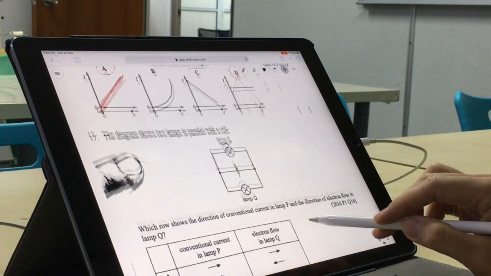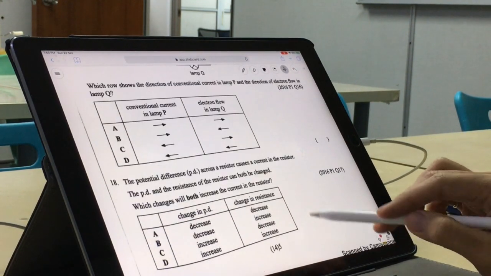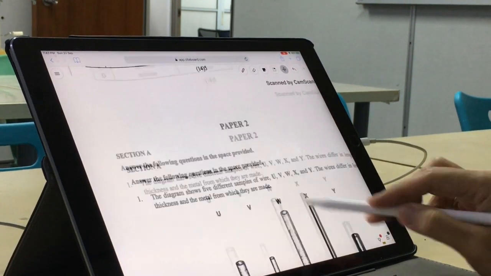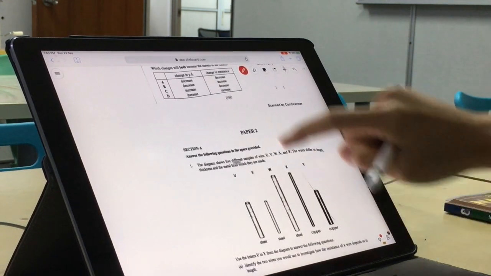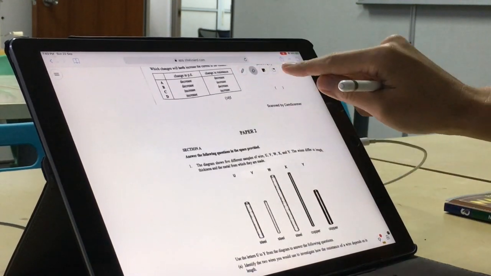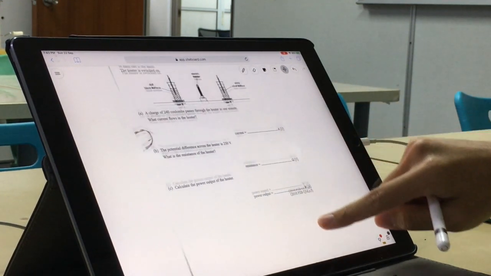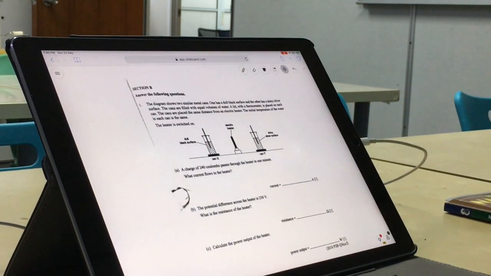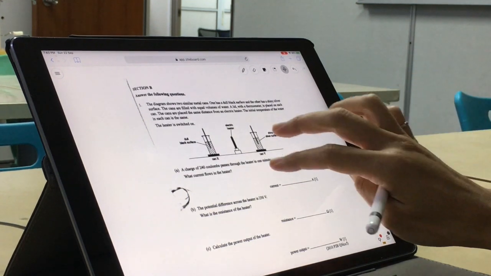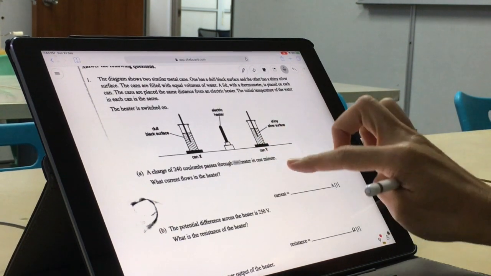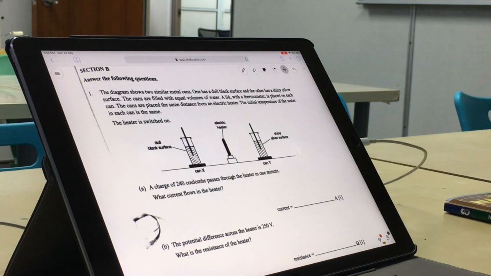Okay. Alright, next one. This conventional one, don't do already. Let me jump some questions. I want to do some difficult ones, some calculation. Okay, here's one example. The heater is switched on.